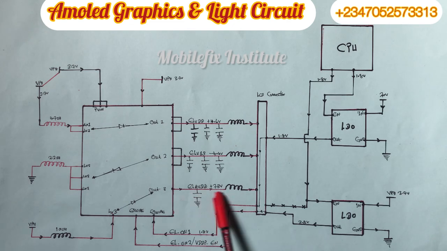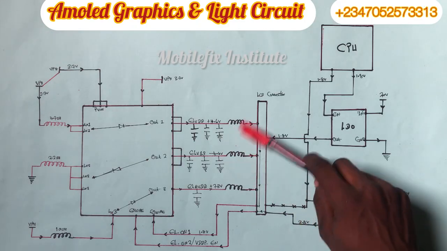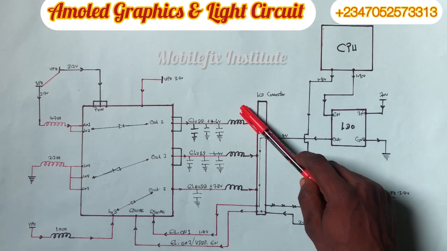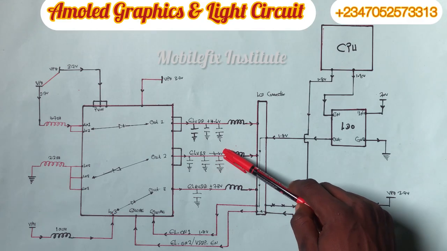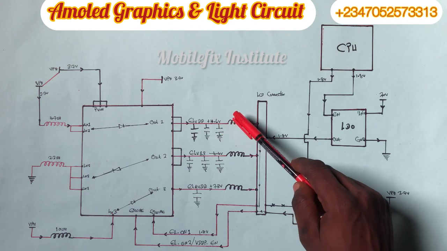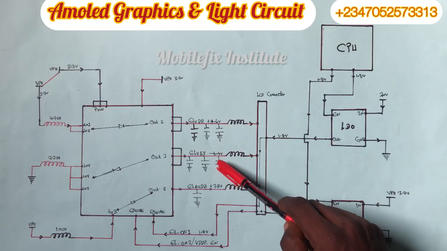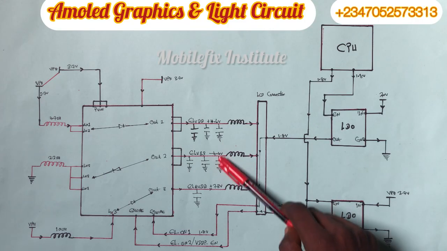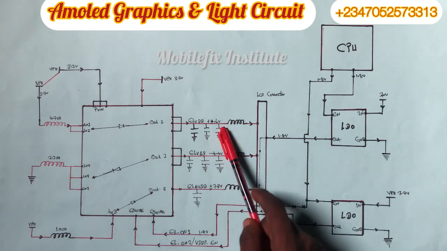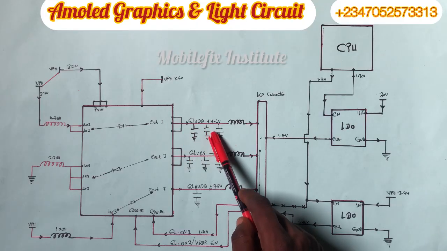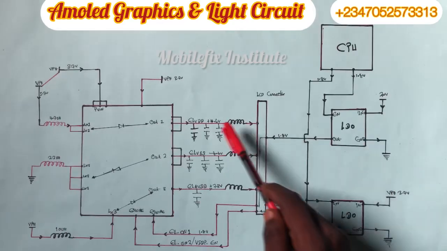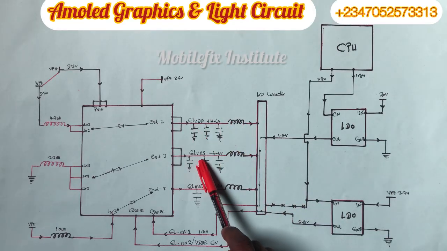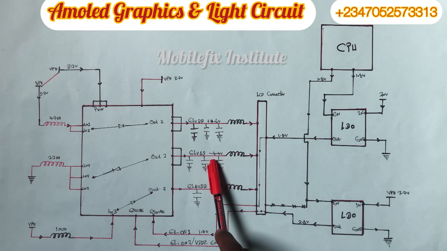I've explained that these two are our display voltages, our positive voltage, our VSP, and our negative voltage, our VSN. But on this AMOLED, it is ELVDD, plus 4.6 volt positive voltage, and ELVSS. VDD stands for positive voltage line, and VSS stands for our ground. Okay, it's our ground. So that's why you see your negative voltage here.